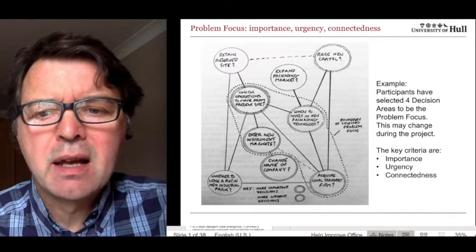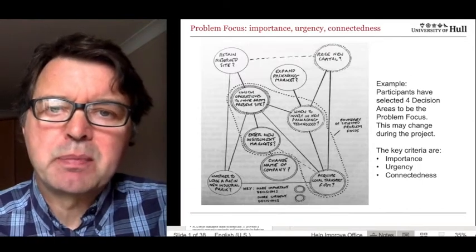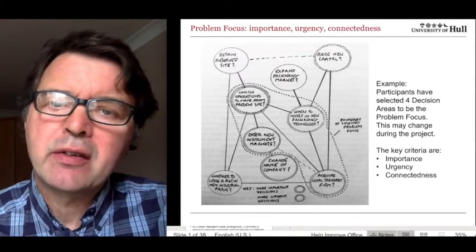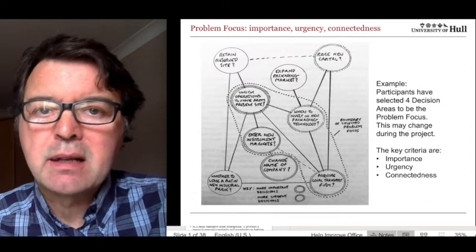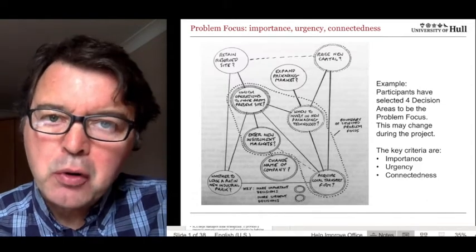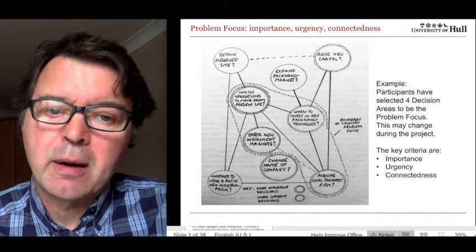So that's a process of exploring the decision areas and evaluating them in terms of how they're connected, how important they are and how urgent they are.